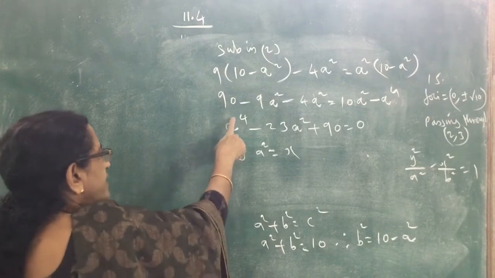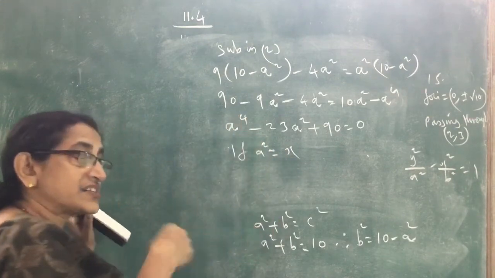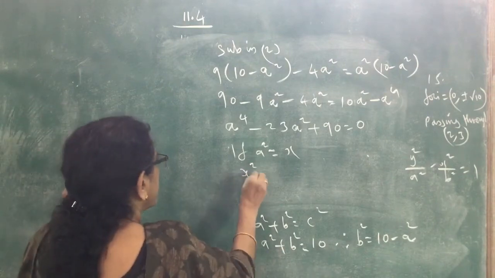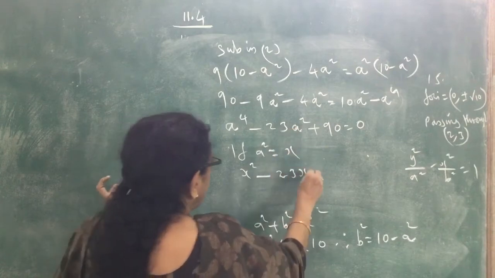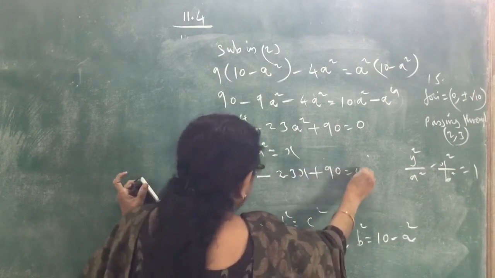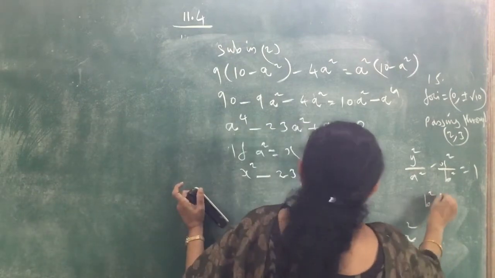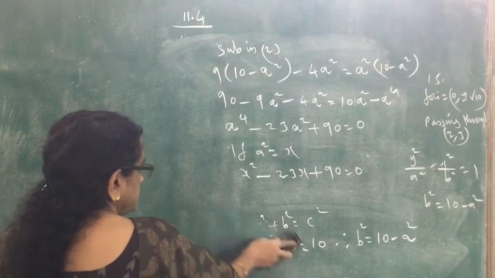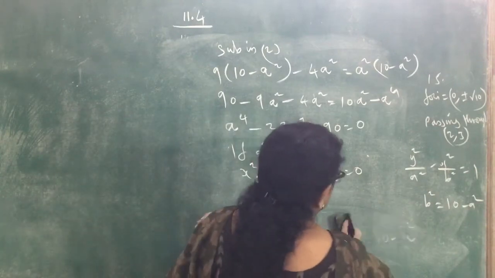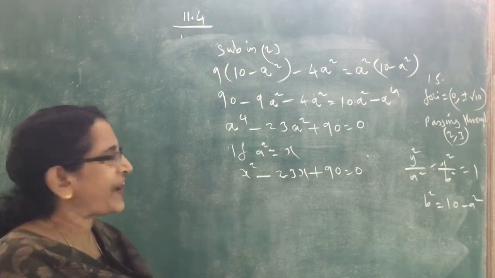So a raised to 4 becomes x square, and the equation becomes x square minus 23x plus 90 equal to 0. Here we also have b square equal to 10 minus a square. Now we can factorize.